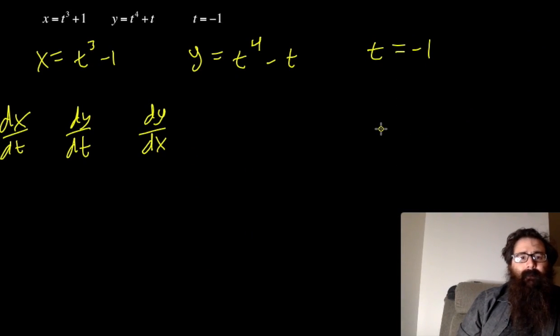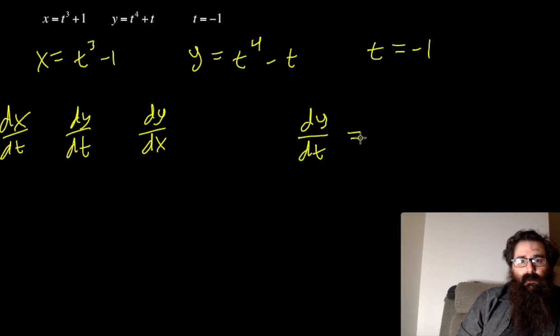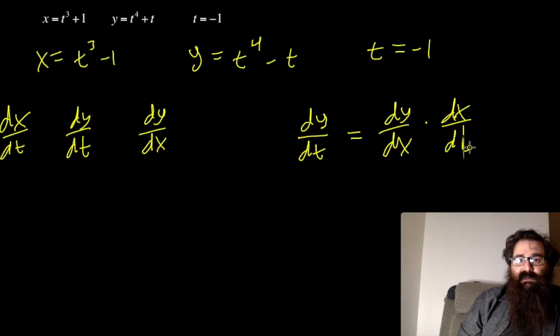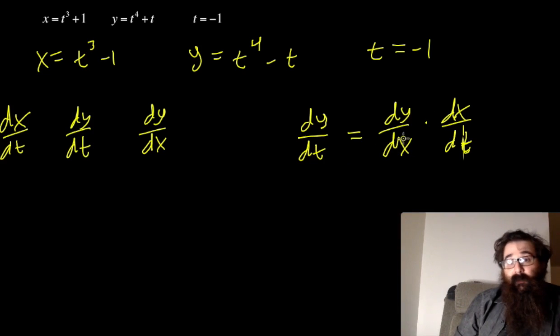We could say, well, if I want, I could find dy/dt by using chain rule. We could say, well, this is going to be dy/dx times dx/dt. And this is just a traditional Calc 1 variation on chain rule.